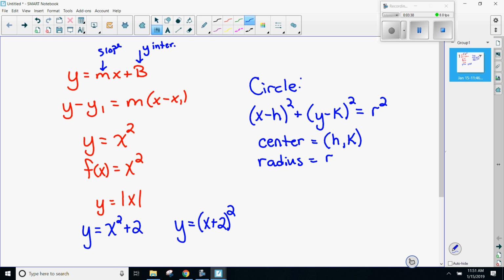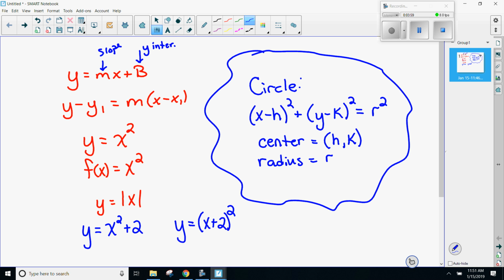Moves it to the left 2. It moves it the opposite of what you see right there, correct? The same thing's going to happen for a circle. It's going to move it the opposite of what you see, because it's not x plus that h value, it's x minus that h value. So does everybody have this part down? A general formula for a circle.